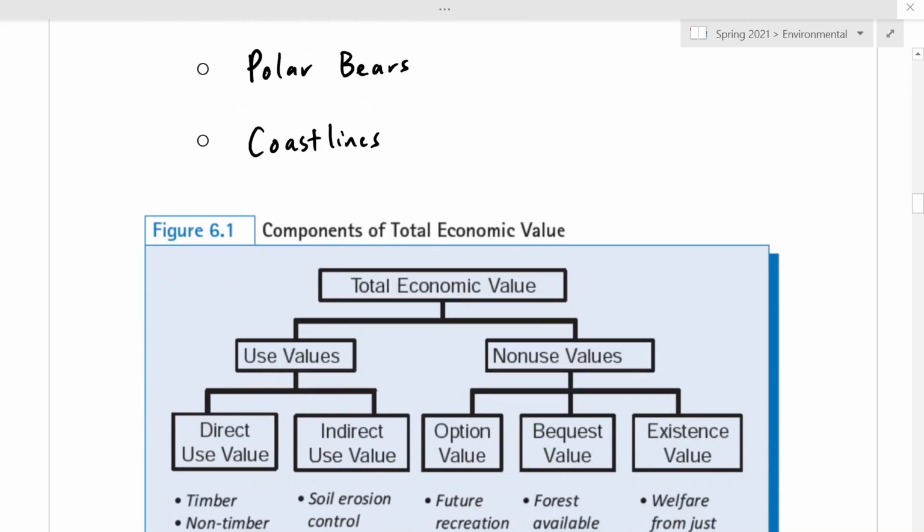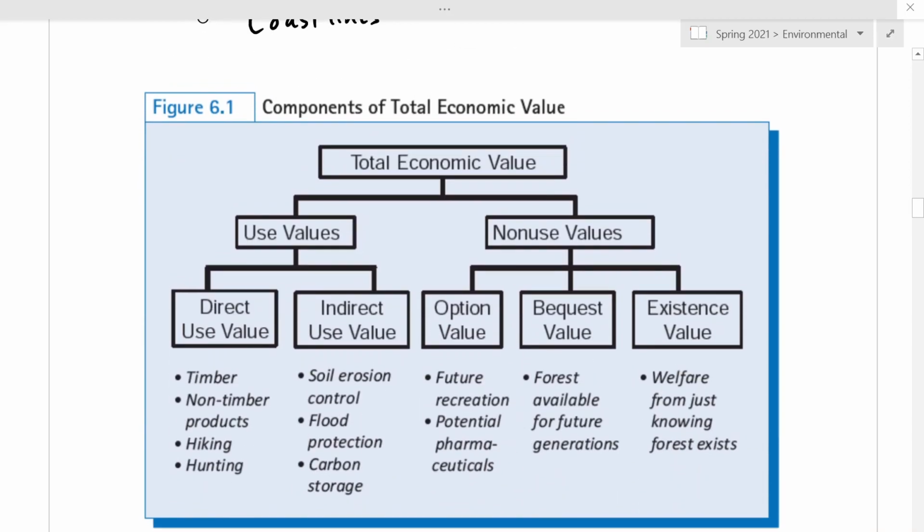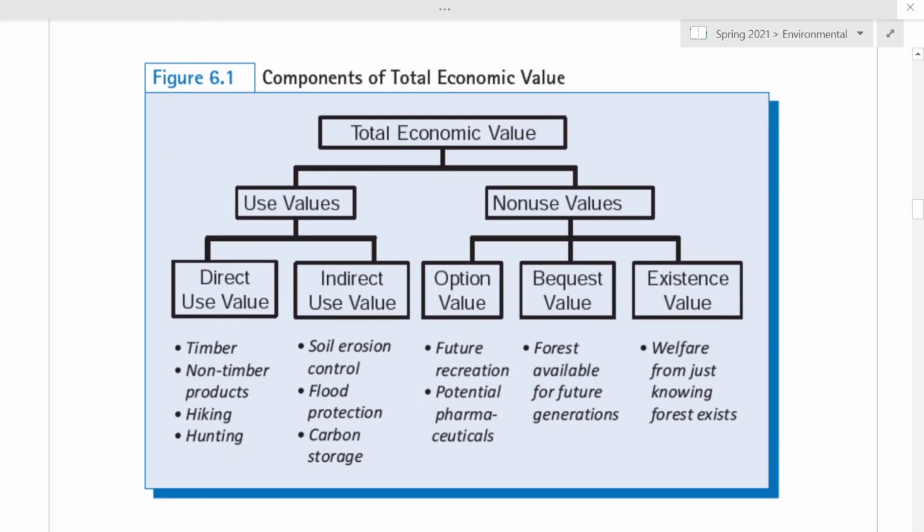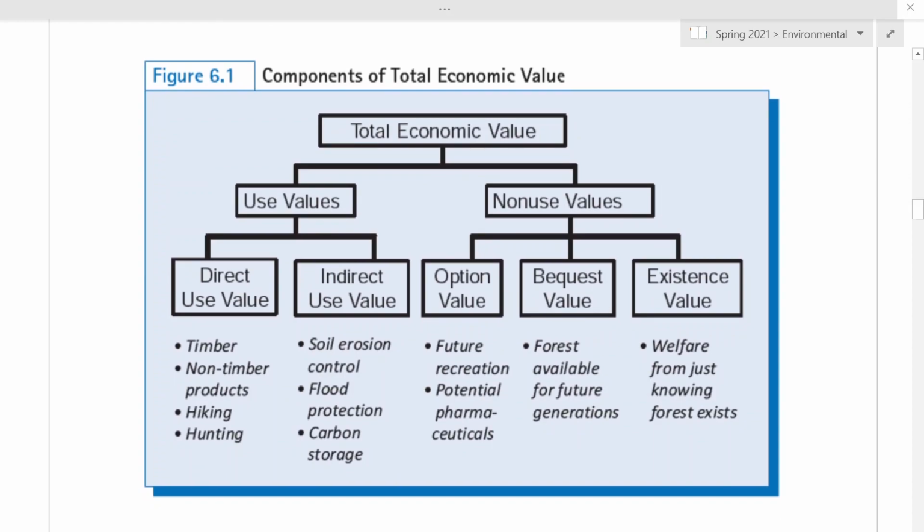And to kind of sum up all of those ideas, we have this chart. This dichotomizes the total economic value into use value, non-use value, and then all these other things we talked about with a few examples. Okay, so that's a nice little summary figure, and that should help.